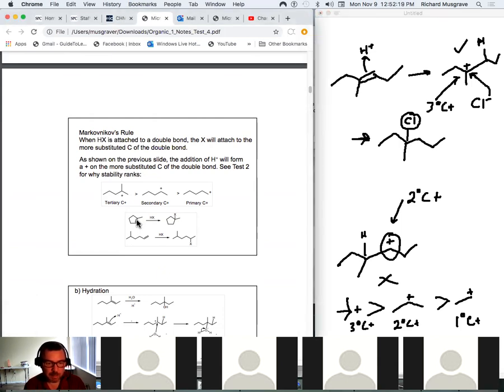The top C is the one that has the most Cs connected to it. Look where the X ends up on that C. In the example below it, you can see the double bond here. There's no carbons connected to the right end, but there is one carbon connected to the left end, which means that's where the X connects, on the left end of where the double bond was. Does anybody have any questions?